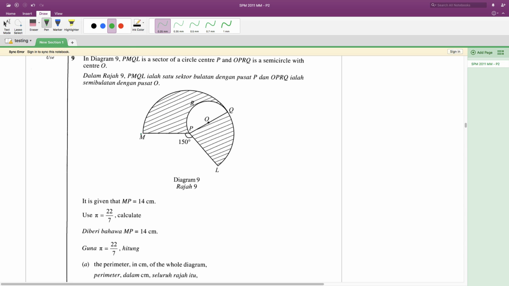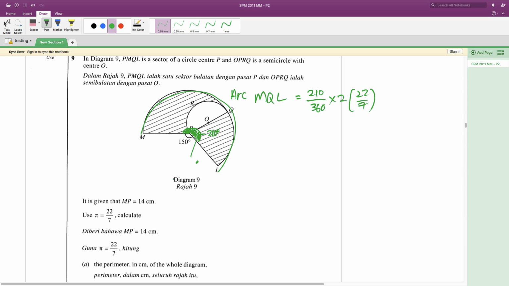The first thing is I will find the arc length here first, arc MQL. This one is quite simple to find. First, you must know the angle inside here. This angle is 360 minus 150, so you will get 210. To find this arc length: 210 divided by 360 multiplied by 2 pi r.